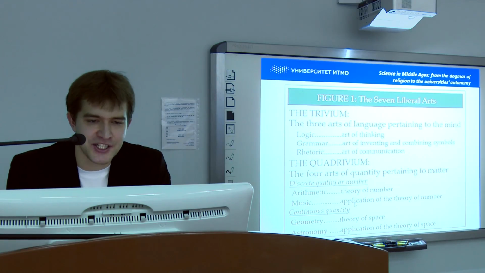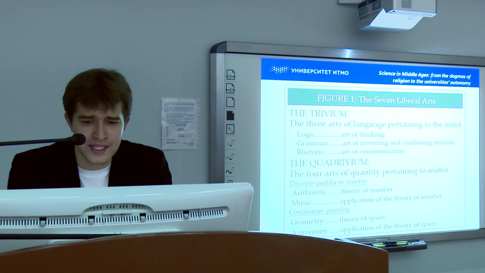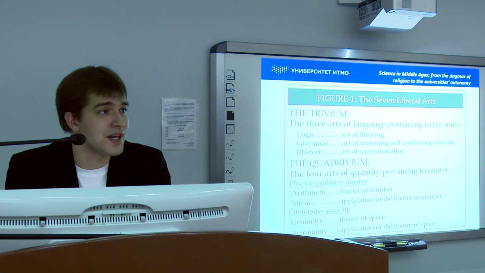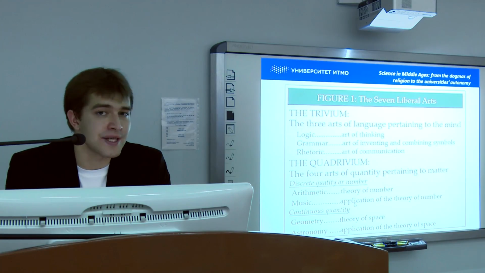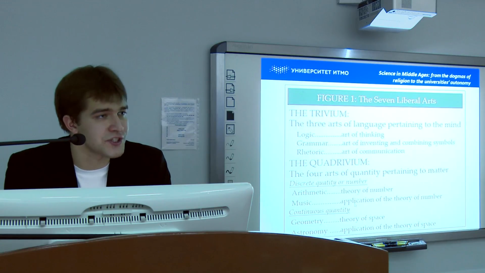So for example, Dante Alighieri finished the School of Laws in Bologna, and after he got the certificate, he had to enter one of the collegiums in his native town of Florence, and that was the Collegium of St. Luke. And St. Luke, as you know, is the patron of doctors, right?